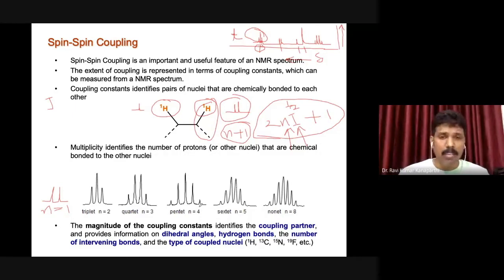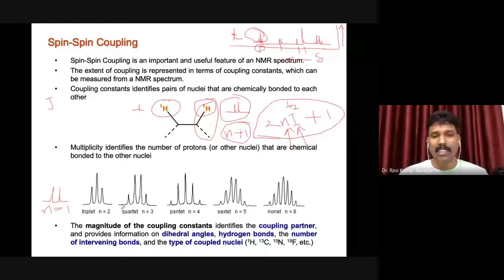Even a quartet, sometimes, if you see second order effects, normally we say it is a multiplet instead of calling it a quartet, right? Because in most cases you don't really see a quartet feature due to the second order effects. So we started calling anything beyond triplet nature a multiplet.